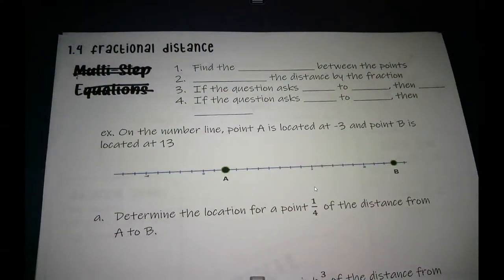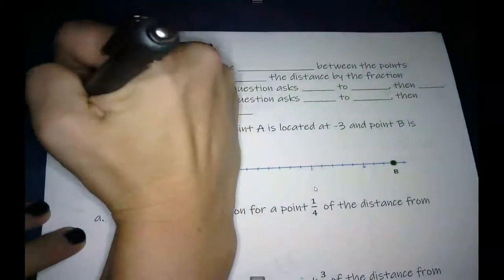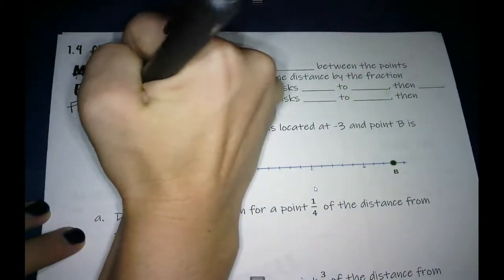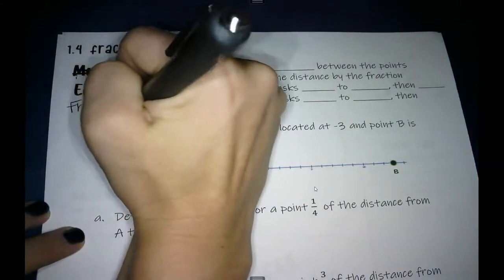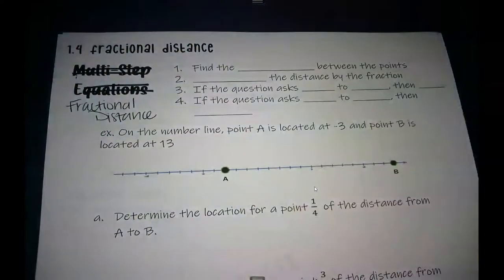It should say fractional distance. All right. We are going to be looking at a fractional distance between 2 points.